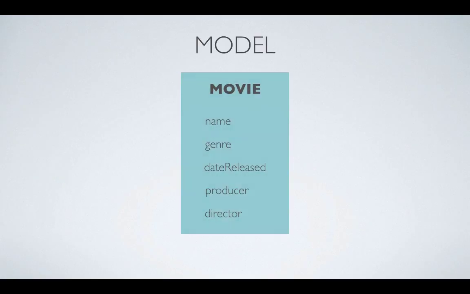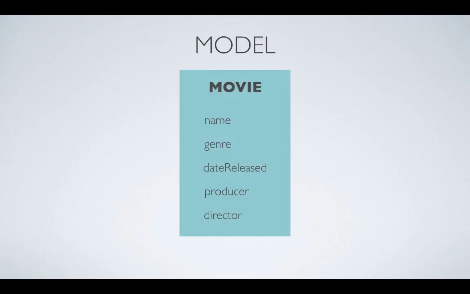A model is simply a class or a structure that is representing your domain or an entity of the domain. So let's say if you're building a movie website, your model might represent a movie, like over here. It represents a movie that consists of a name, a genre, date release, producer, director, and so on.